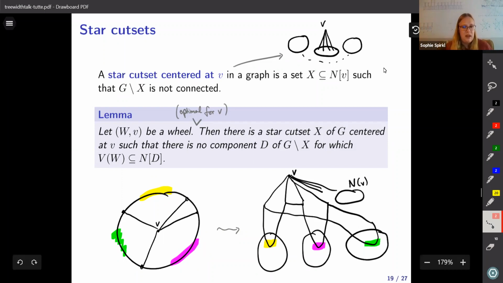And now we might say, after breaking the graph, let's look at this bit and that bit separately. But what happened is the wheel broke. So in each of the separate parts, V is no longer a wheel center. So if we could do this everywhere, for every vertex, do this kind of decomposition, then no vertex would be a wheel center, and that would mean we have no wheels.